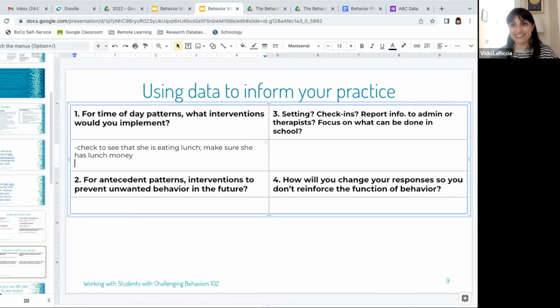Yeah, like differentiate instruction, right? Someone says suggest time with the school social worker to help her process the changes in her life. Yes.